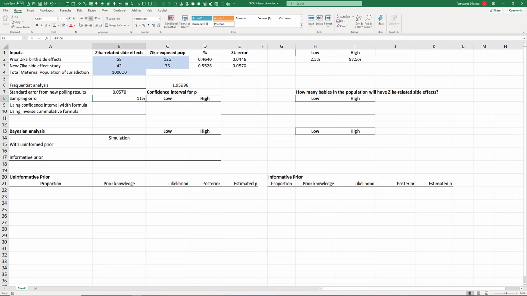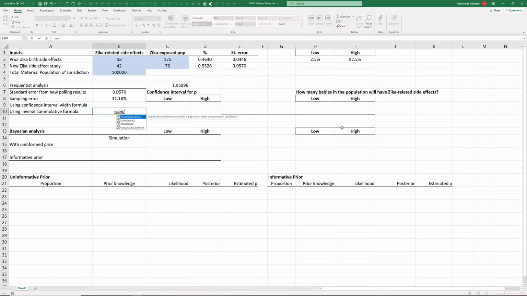So that's our sampling error, and we can get the sampling error using the confidence formula. So confidence dot norm, and the alpha value is 2 times that.